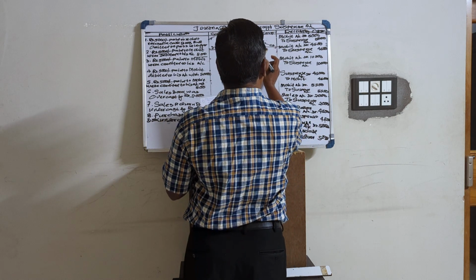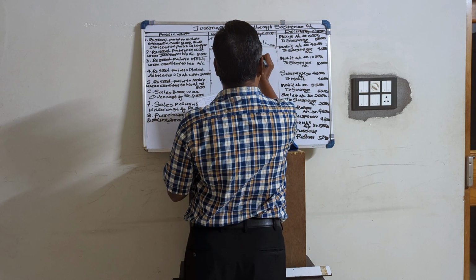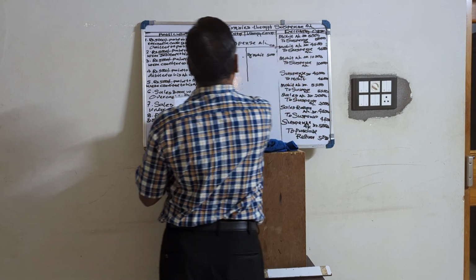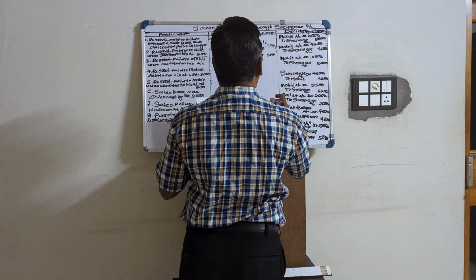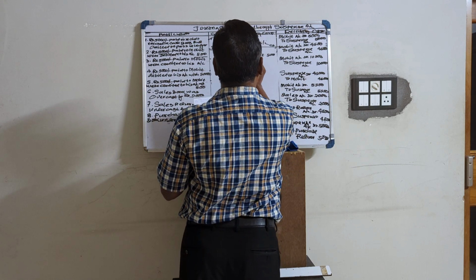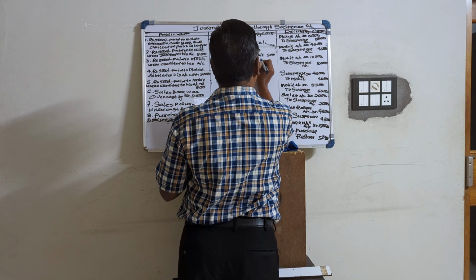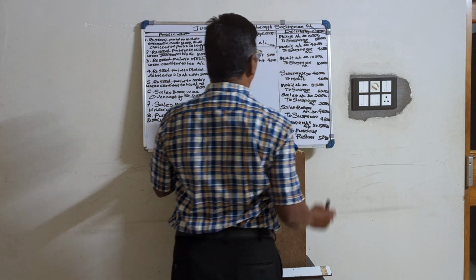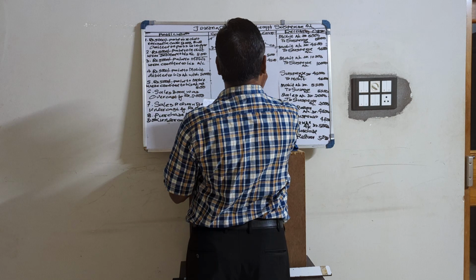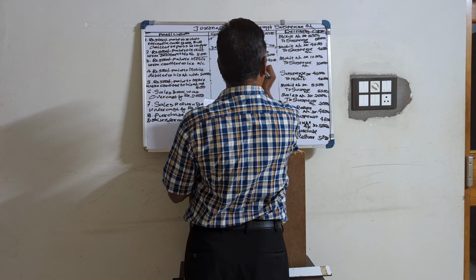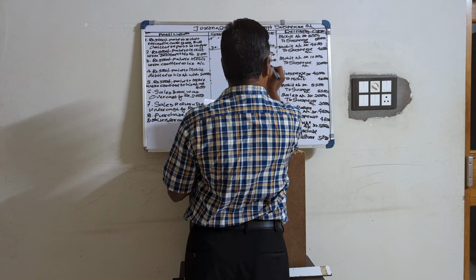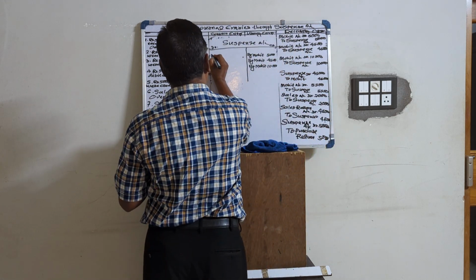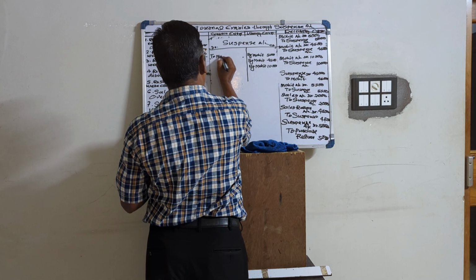So suspense account credited by Mohit. This is 5,000. Mohit to suspense. Same: suspense credited by Mohit, it is 4,500. Mohit to suspense 10,000, third entry. By Mohit, this is 10,000. Here suspense account debited to Mohit 45,000.